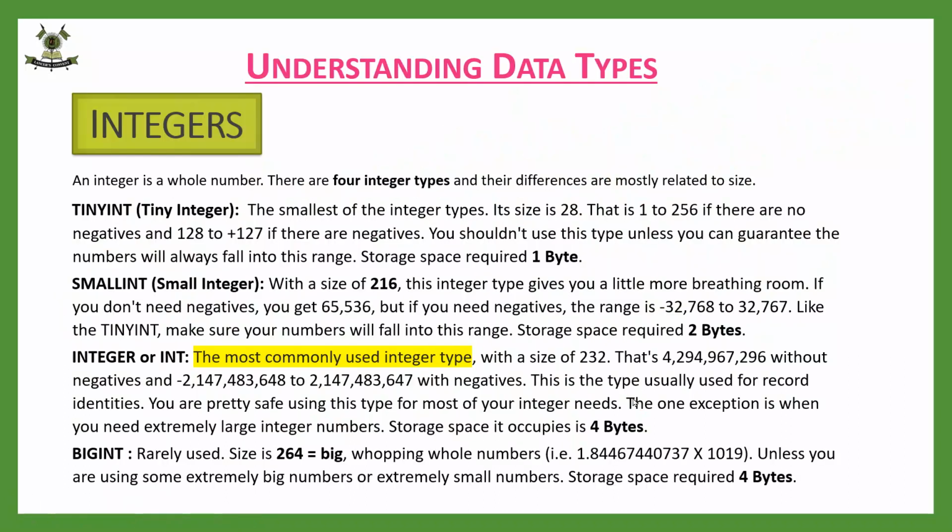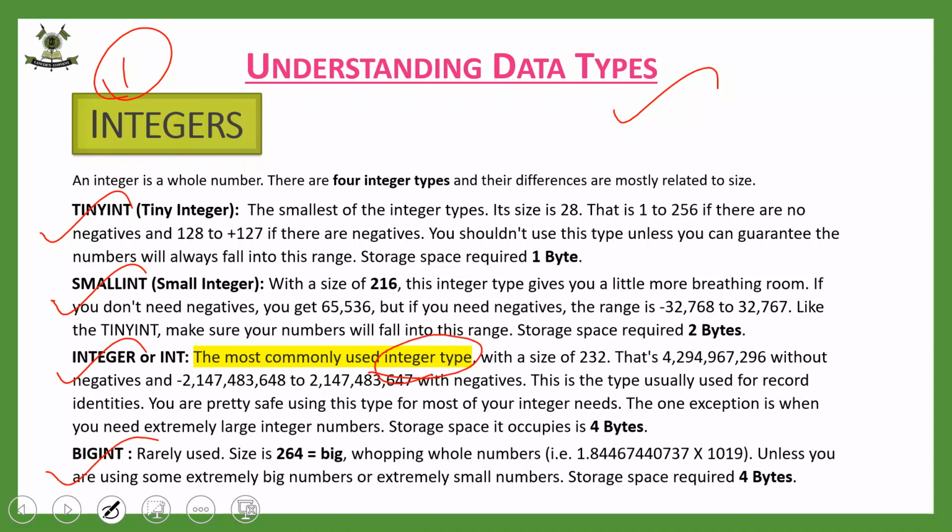Now let us move to the next topic, which is data types. What do you mean by a data type in a table? The data type is formally classified into 4 categories. First is integer. Under integer, we have tiny int, small int, integer, which is the most commonly used integer data type, and last is big int.